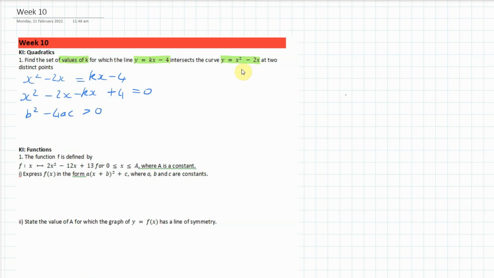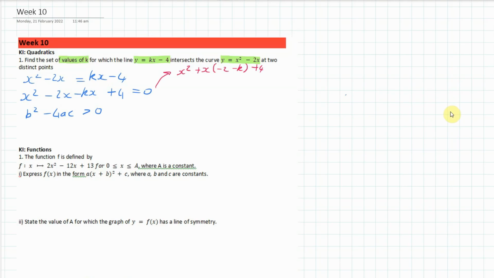So what I'll do is I'll set my b squared minus 4ac equal to 0 and find out a little bit more information. Now, one thing I might do, just before I go into this, is rewrite this here. So I could rewrite it x squared, and I'll take the x out, plus x into minus 2 minus k plus 4.